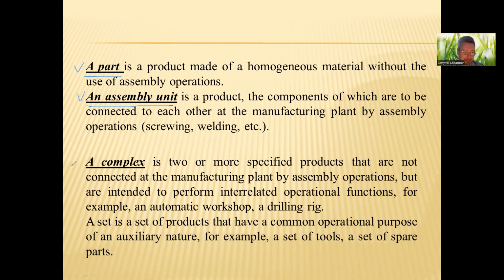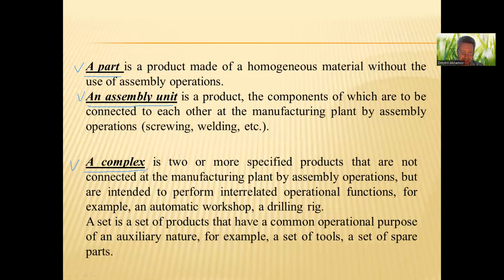and the next type of products is a complex. A complex is two or more specific products that are not connected at the manufacturing plant by assembly operations, but are intended to perform interrelated operational functions. For example, an automatic workshop, a drilling rig.